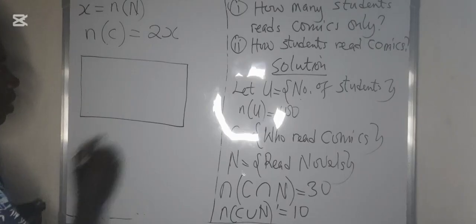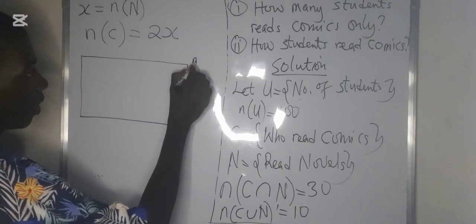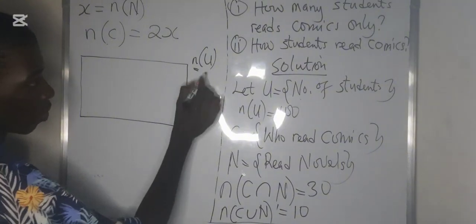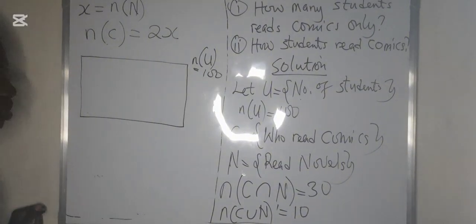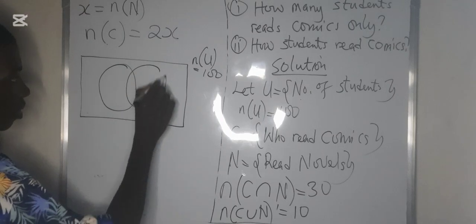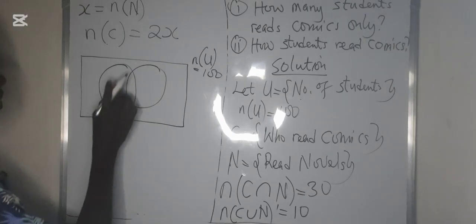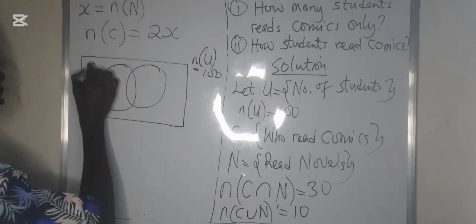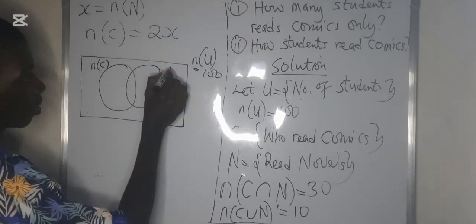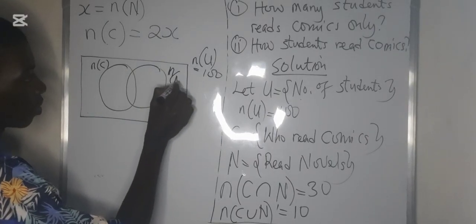Let's say our n(U), which is the total number of students, is 100. This is our N, and this is our C. This is the number of students who read comics, and this is the number of students who read novels.